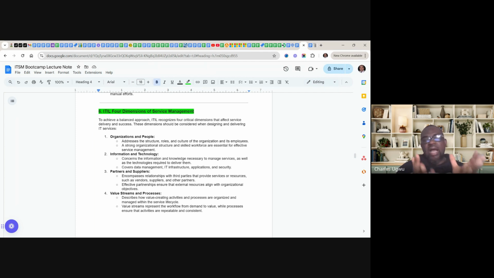Because as a service manager, when you study an organization, you should know the kind of IT infrastructure you can design for them, because as an IT service manager, you design IT infrastructure as well. You should be able to understand what suits every organization.